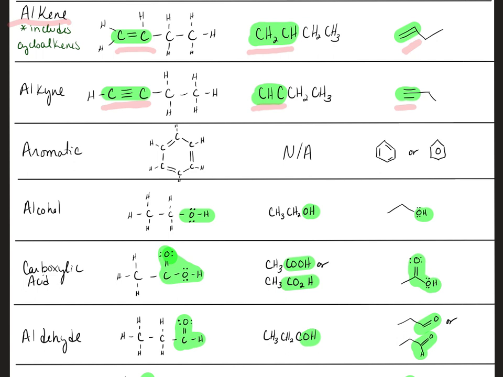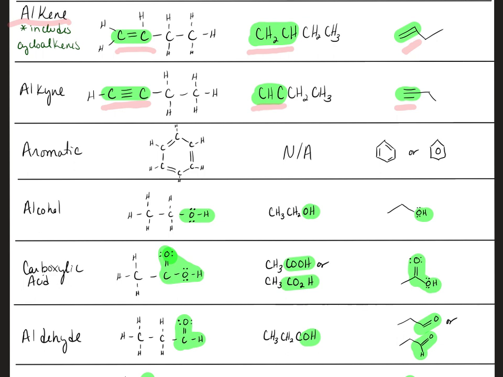Now, the thing that you have to keep in mind, and one thing that is different with these carbons, this guy right here is a carbon. This guy right here is a carbon. And then this guy right here is a carbon.